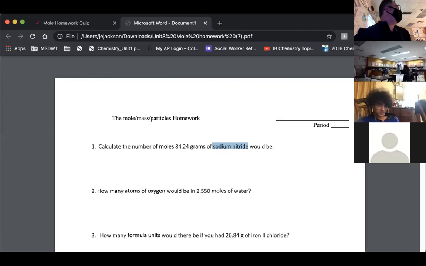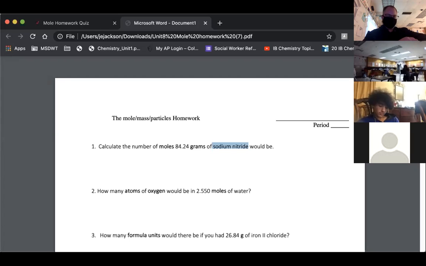How many away from neon is it? One, 2, 3, right? So it's -3. So how many positive ones do we need to balance out a -3? That would be 3. So the formula for sodium nitride would be Na3N.